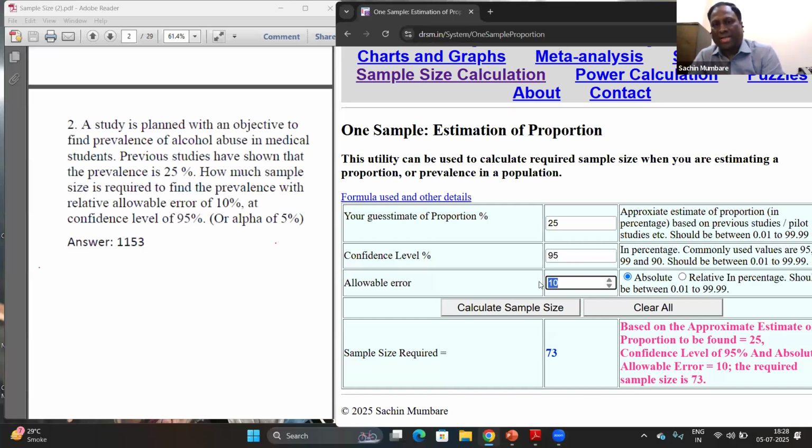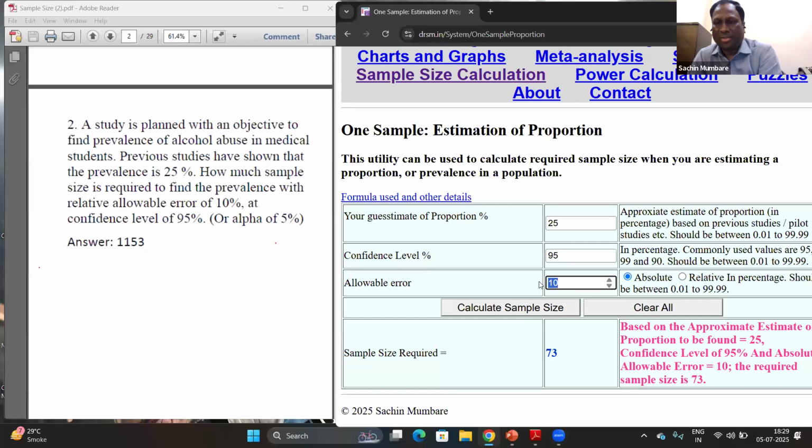Relative to what? The actual proportion. So if allowable error is relative and it is 10%, it means it is relative to the actual proportion. So 2.5% here and 2.5% there. In fact, 10% of relative allowable error is exactly equivalent to 2.5% of absolute allowable error.